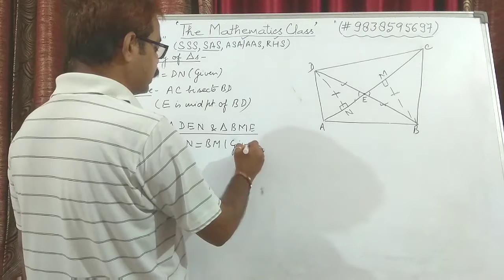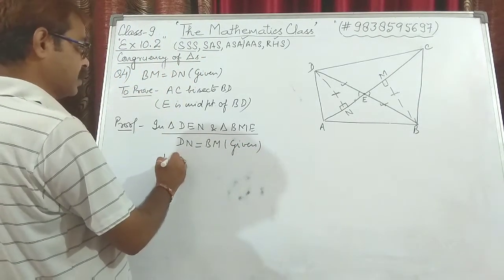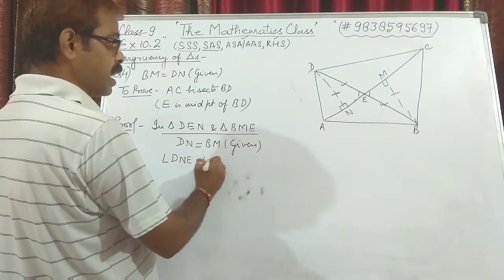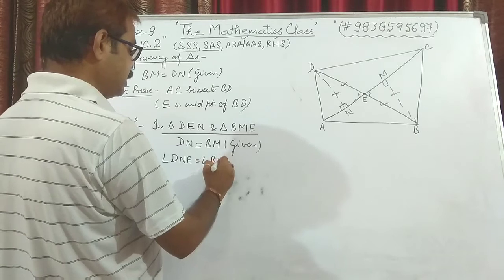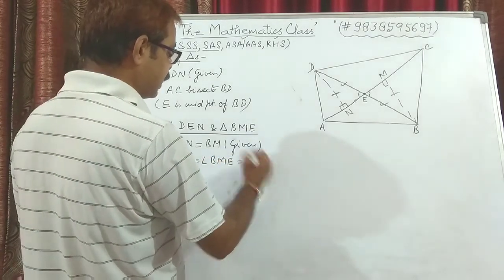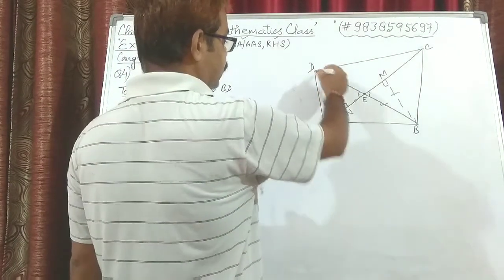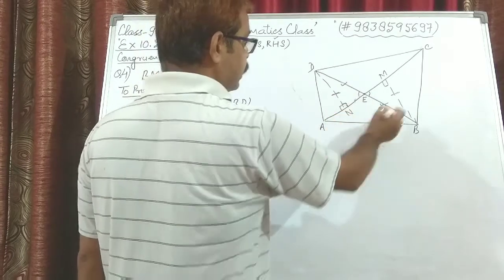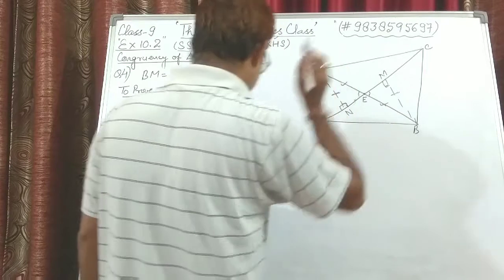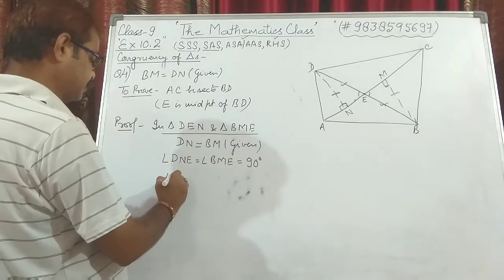Because it is given. Second point, we can say that angle DNE is equal to angle BME because both of these angles are 90 degrees. This is 90 degrees because DN is perpendicular on AC, and this angle M is 90 degrees because BM is perpendicular on AC.